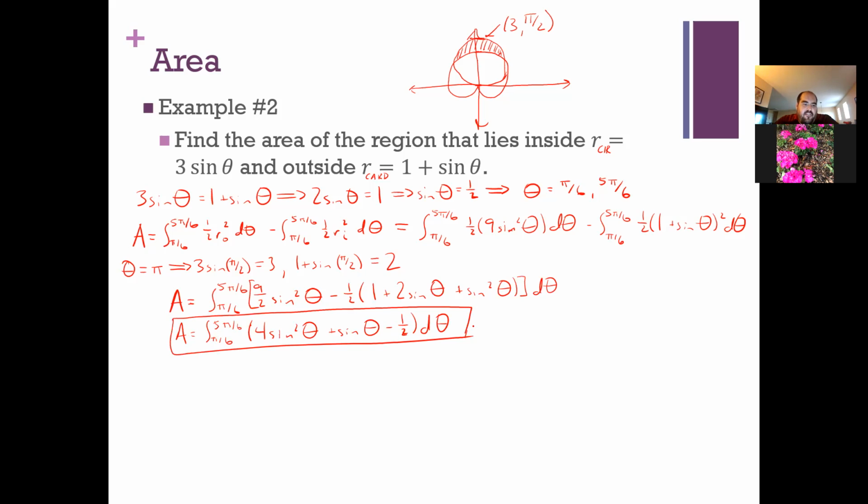If one of the things you need to work on is using trig identities to facilitate integrals, to make integrals possible, I would definitely come back and practice this. But for now, I'd like to focus on setting these up. You can definitely complete this.